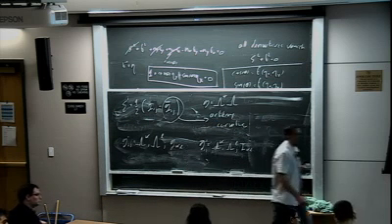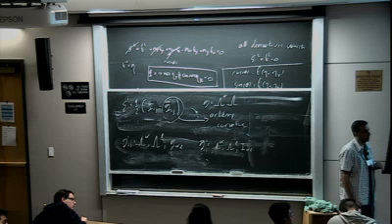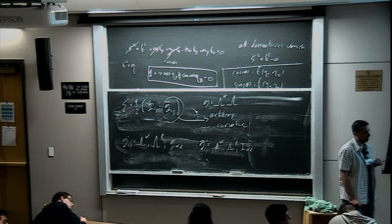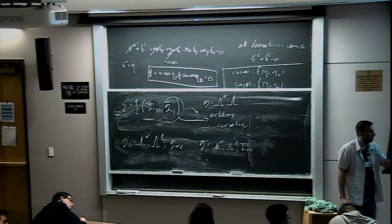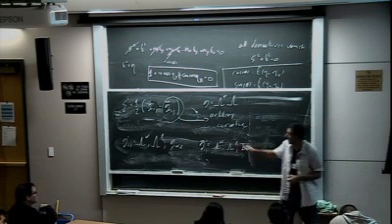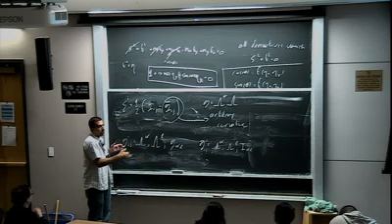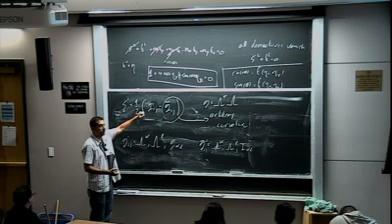So, to connect to Tom's lecture, a non-trivial G bar is like encoding random spring lengths? Exactly. So now if I spatially vary the spring lengths, then I get a non-trivial G bar. And all the response of the material is going to depend on that.